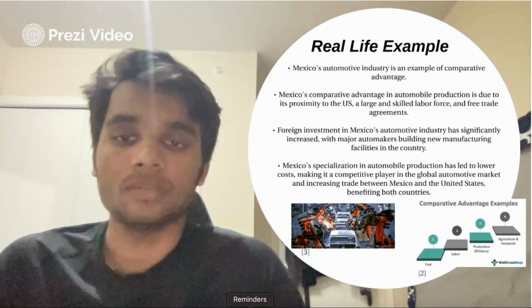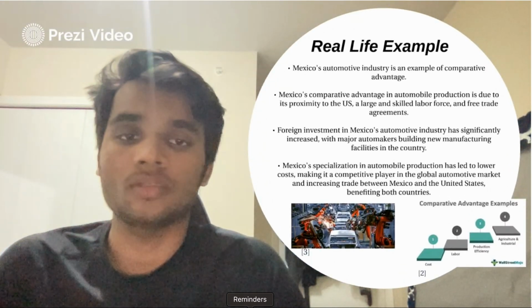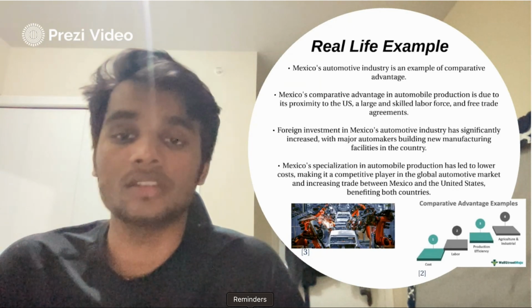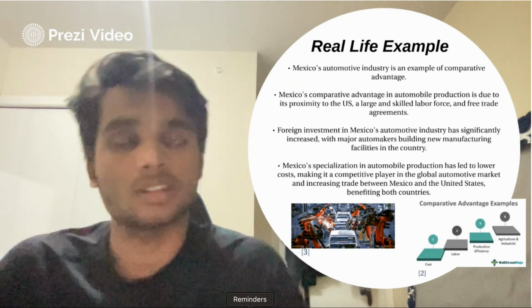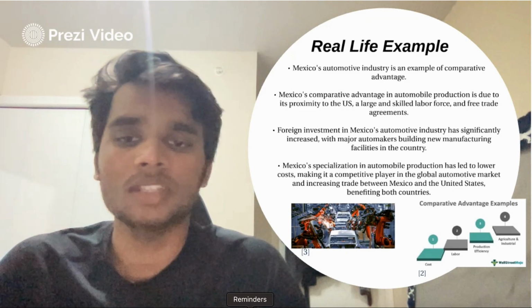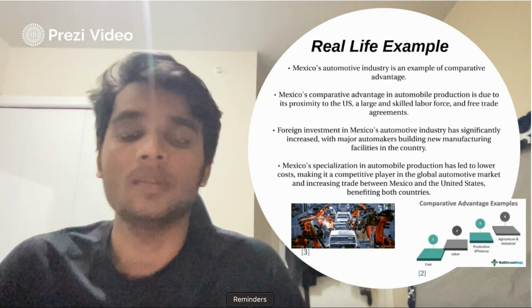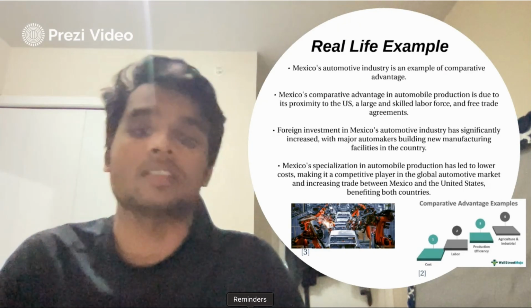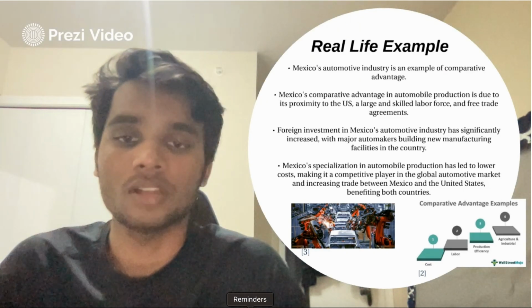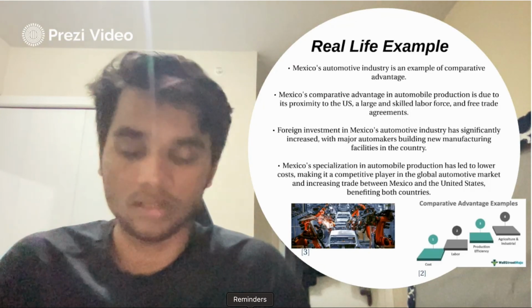If we go forward from there, we have a real life example, and we can take a look at Mexico and how its automotive industry has been booming in the last 1 year. The reason for this is that companies have realized that Mexico is very close to the US, which is one of the biggest per capita for selling dealerships.